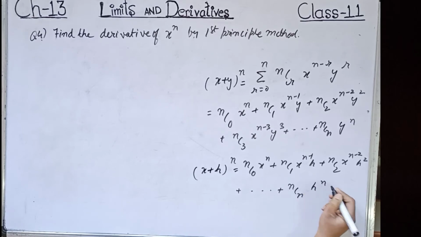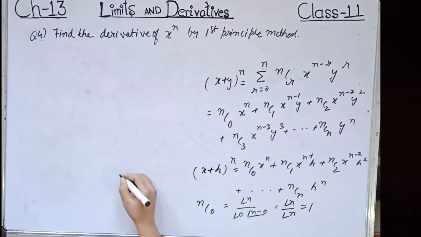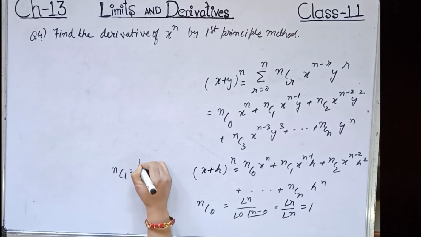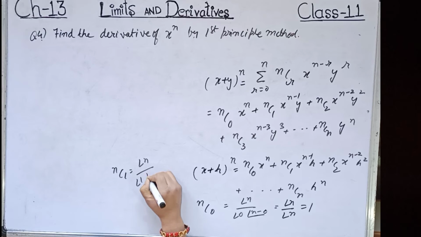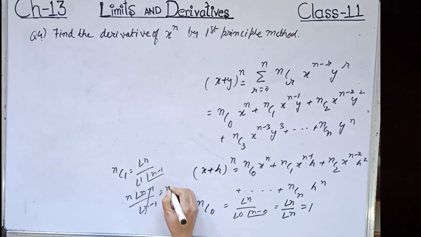Now we know that nC0 equals factorial n by factorial 0 into factorial (n − 0). So nC0 will be equal to factorial n by factorial n, equals 1. nC1 equals factorial n by factorial 1 into factorial (n − 1), equals n·factorial (n − 1) by factorial (n − 1), which will be equal to n.